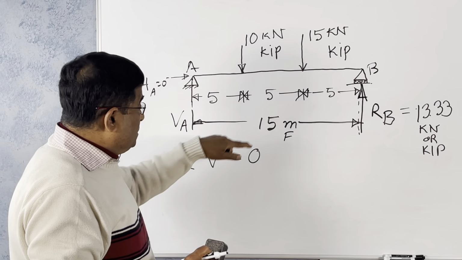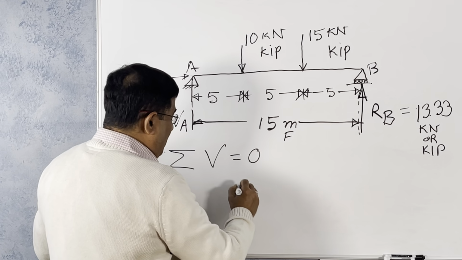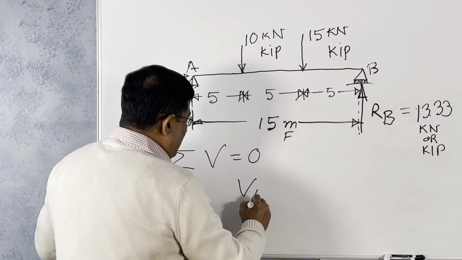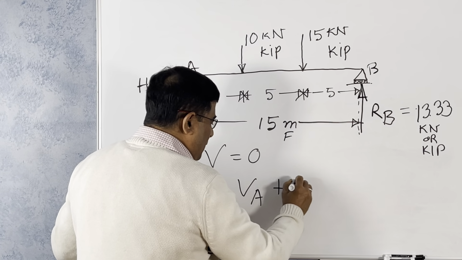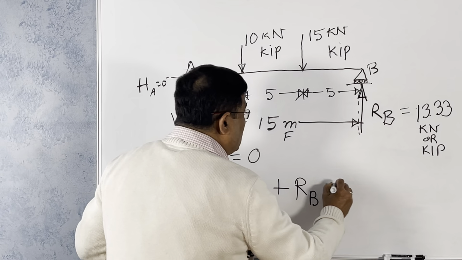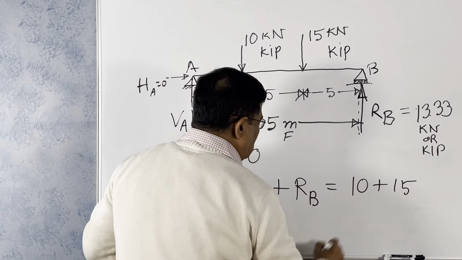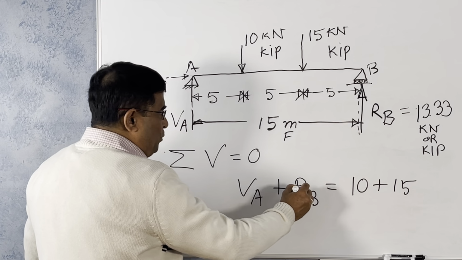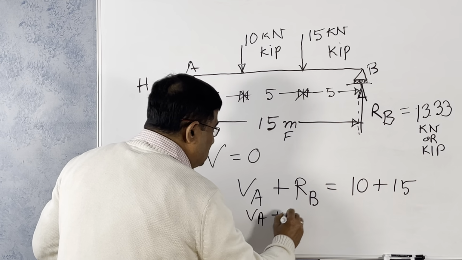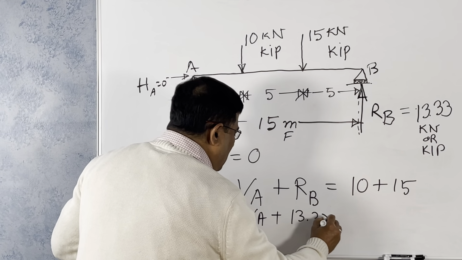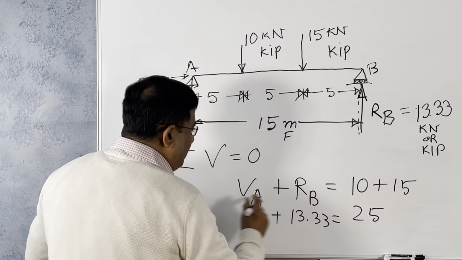The vertical force equal to 0, that means your VA plus RB equal to 10 plus 15. But RB already we know. So VA plus 13.33 equal to 25. So what is VA?